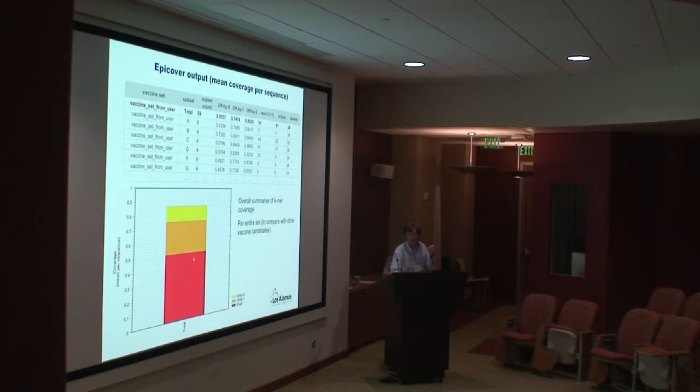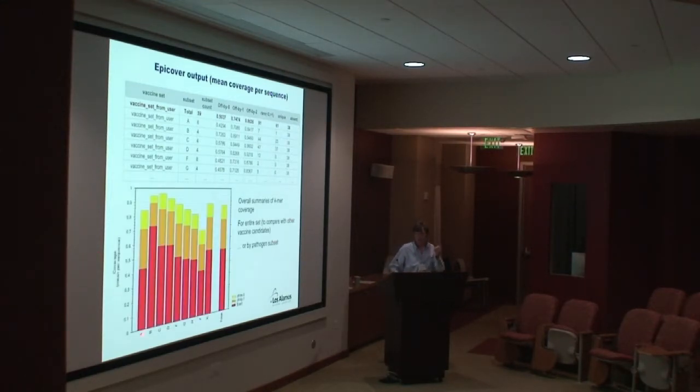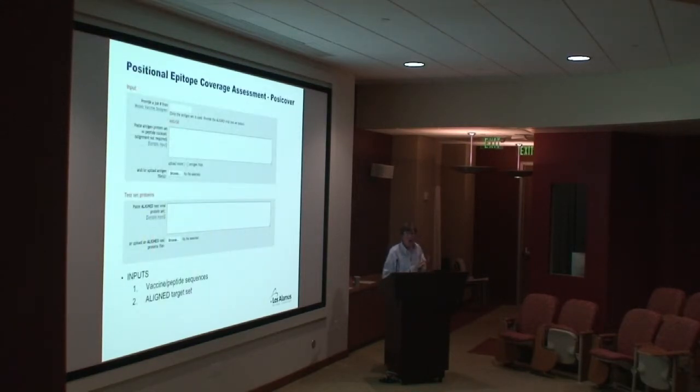You can get a plot like this, which is not particularly informative, but if you break it out by subtype, for example, HIV is all subtypes, A through K without E, and you can say, well, in this case, your B type sequences are covered much better than your J, and so this gives you good information that you might want to address.